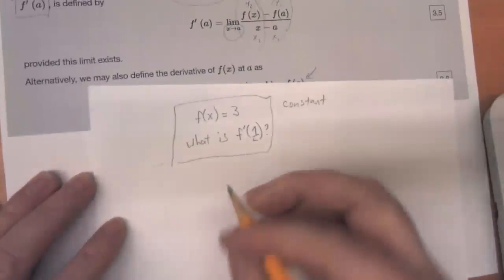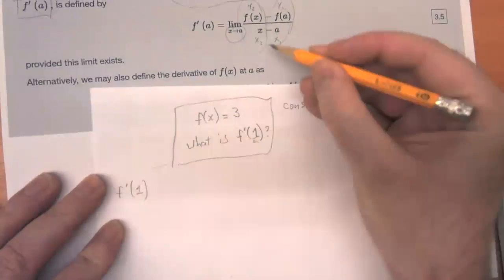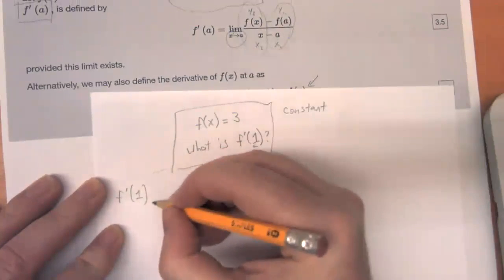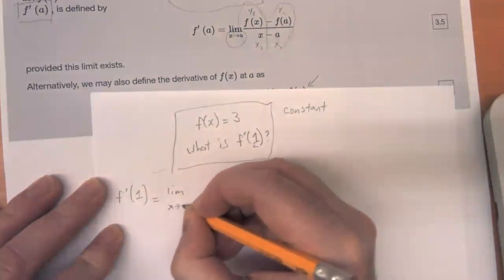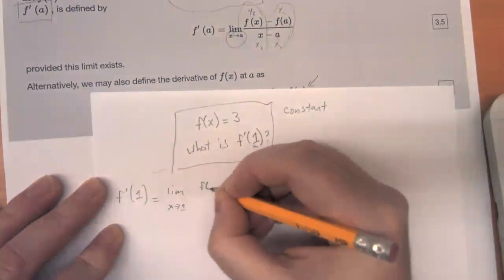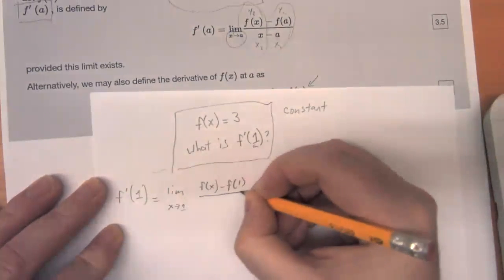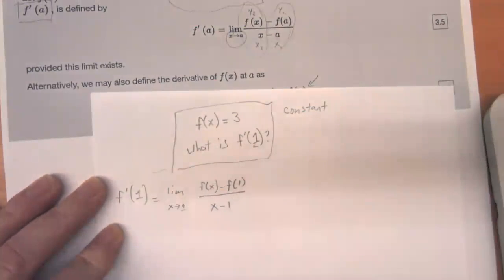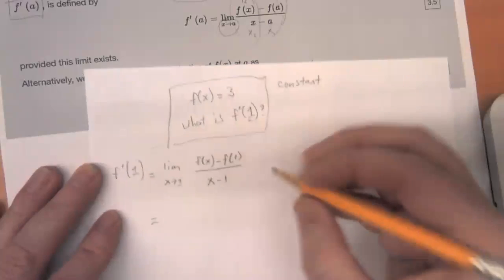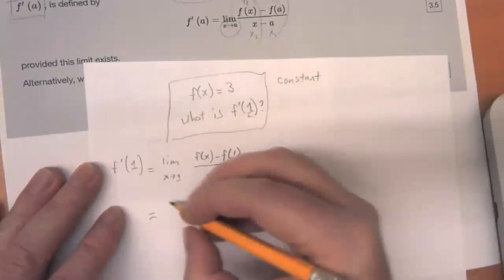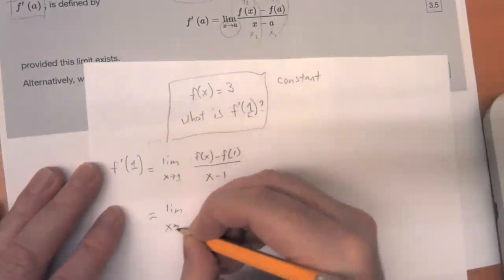All right, so the first one, f prime of 1, we're going to take this definition where a is equal to 1. It's equal to the limit as x approaches 1 of f of x minus f of 1 over x minus 1. All right, so our first problem here is to evaluate the function at those two values.